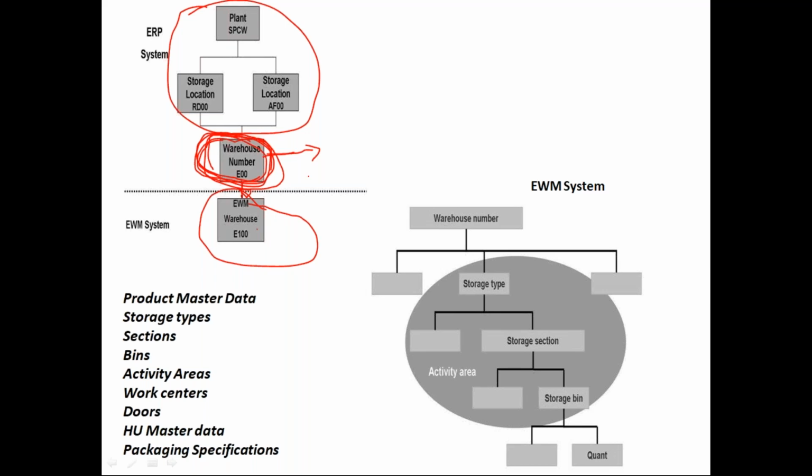Even in WM also, the differentiation can be done with storage types. But the point is, if your plant and storage locations are already running and active, you don't want to reduce storage locations. You still want to keep those storage locations like that. If you have 10 storage locations, you can still keep 10 storage locations and configure your WM or EWM. That is possible.